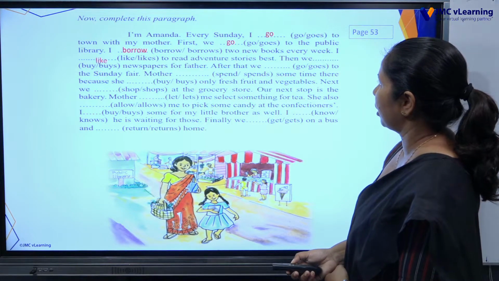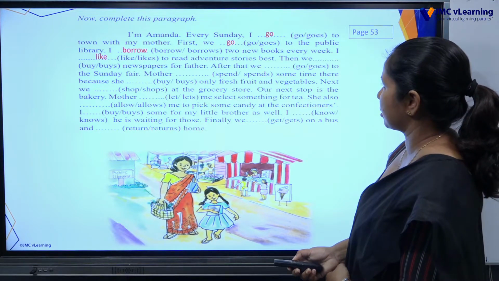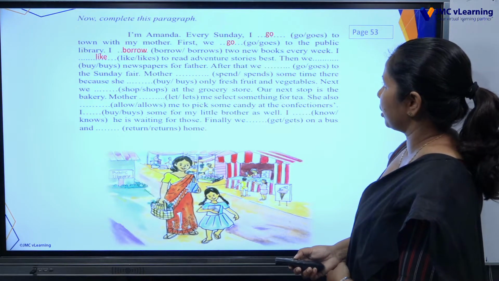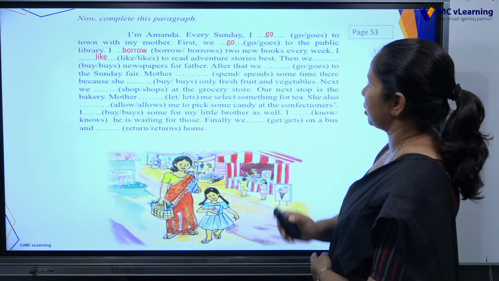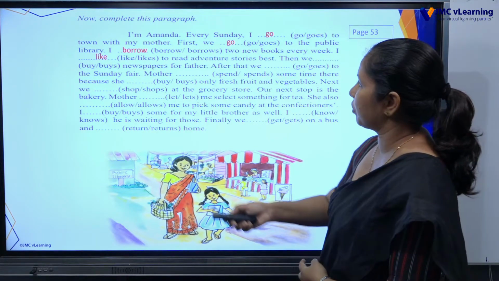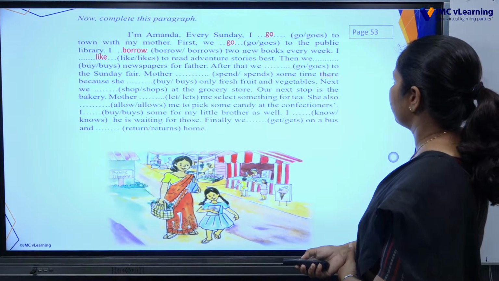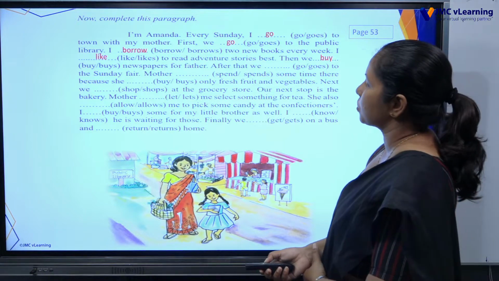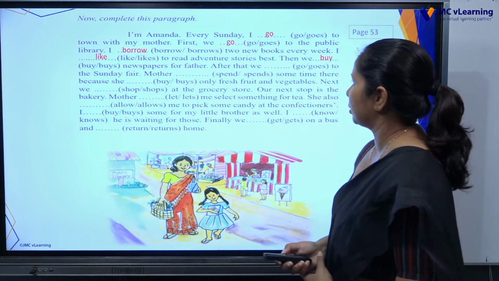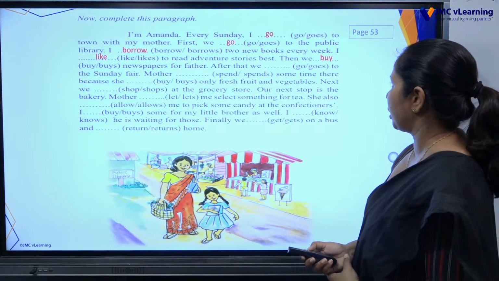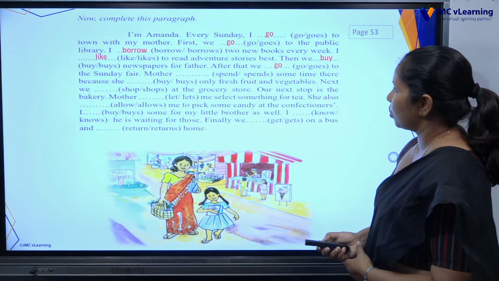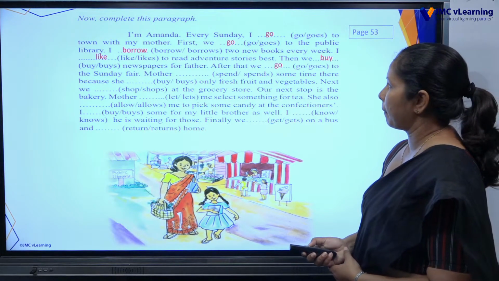I like to read adventure stories best. Then we, again we is in the plural form, and they have given buy and buys. So we say, then we buy newspapers for father. After that we go to the Sunday fair.